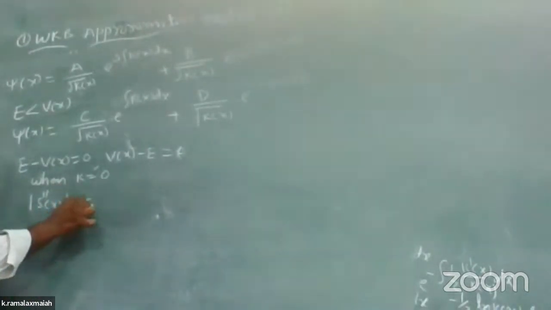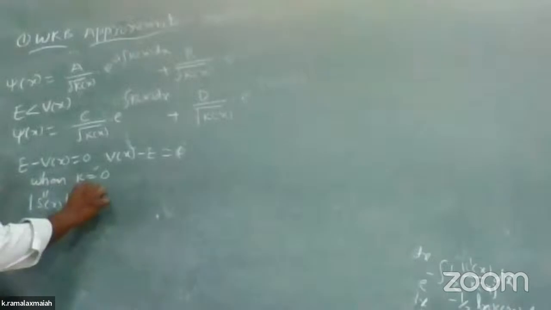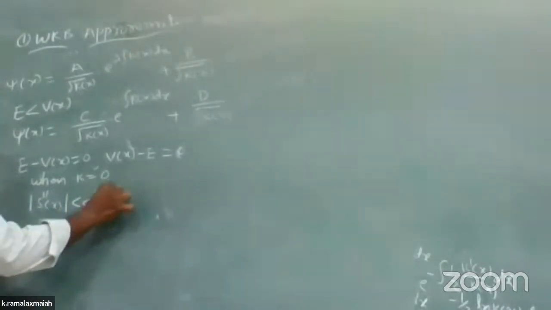In equation 22.59, we observe that modulus of s double dash of x is much less than modulus of s dash of x squared.